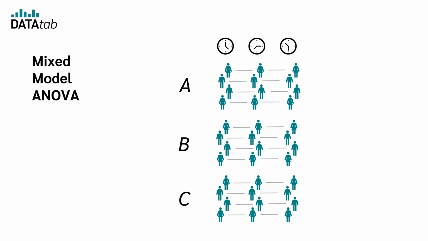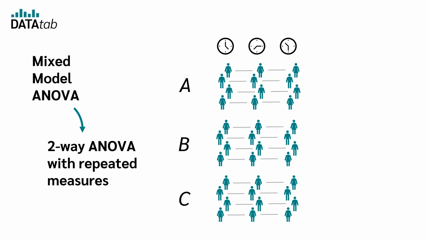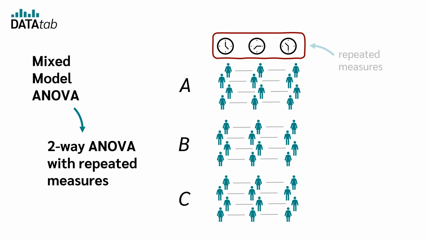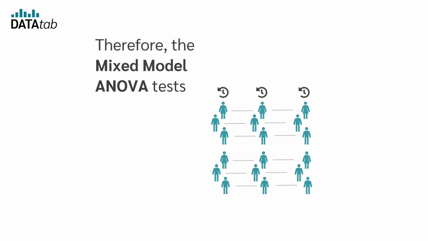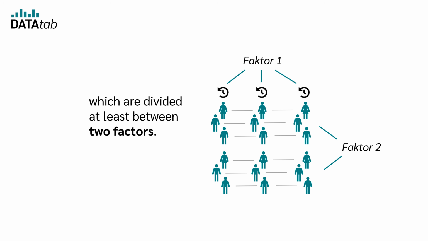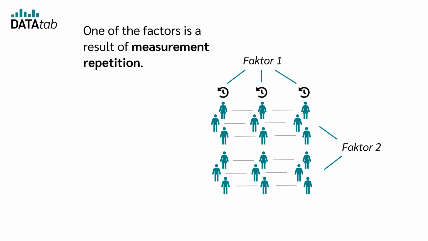Note, a mixed model ANOVA is also called a two-way ANOVA with repeated measures, because there are 2 factors and one of them results from repeated measures. Therefore, the mixed model ANOVA tests whether there is a difference between more than 2 samples which are divided at least between 2 factors. One of the factors is a result of measurement repetition.